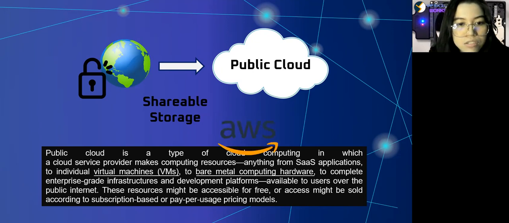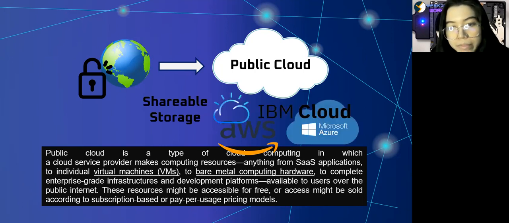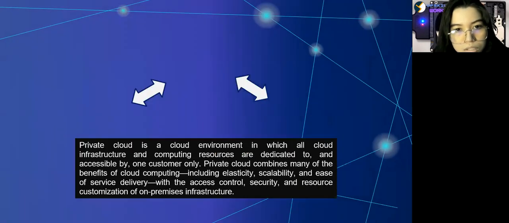That's just how it is. Some of the cloud service providers are Amazon, IBM Cloud, and Microsoft Azure. As you can notice, these are still the dominant companies in the field of technology, because they are the ones who keep studying how to make things convenient when it comes to technology.